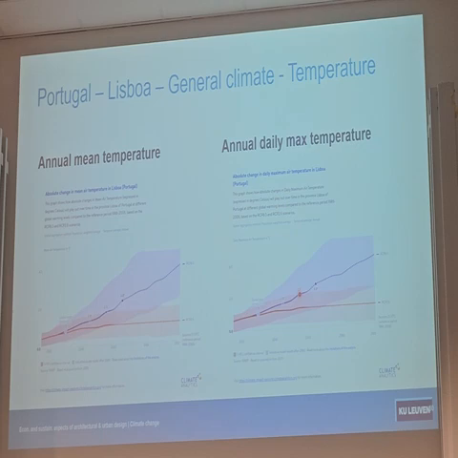So we will get a higher exposure to more extreme heat in this area compared to the average change.